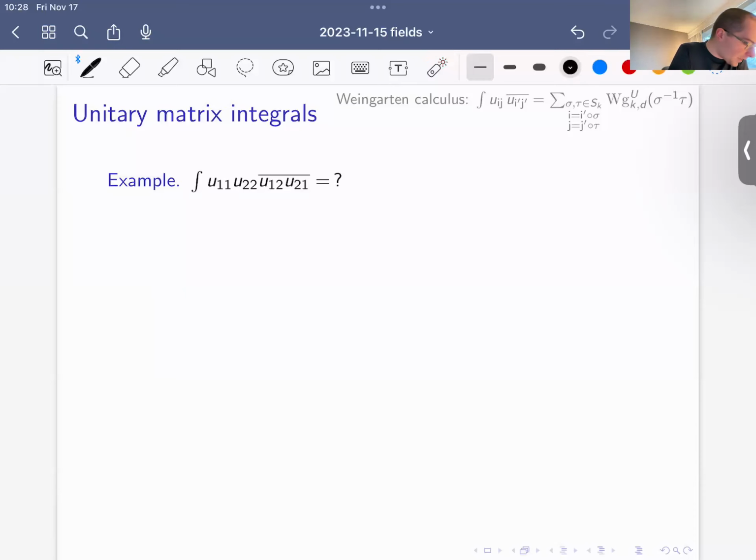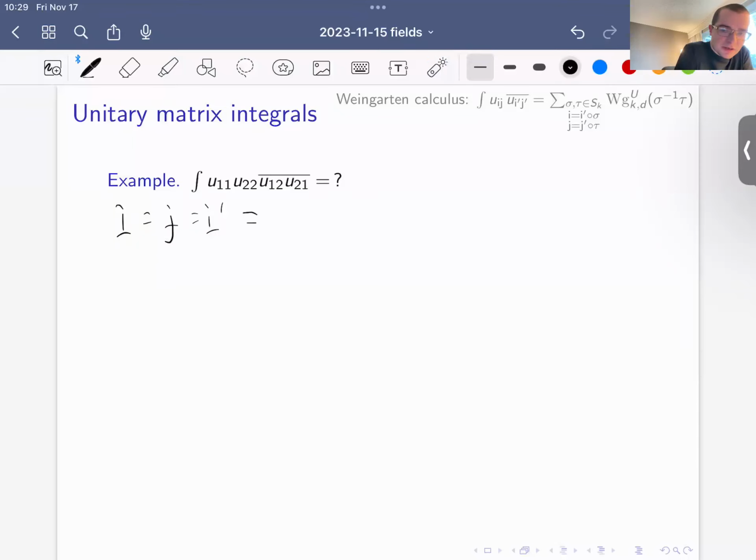Right, so this is a simple product of these matrix entries. There are four multi-indices: an I, a J, an I prime, and a J prime.